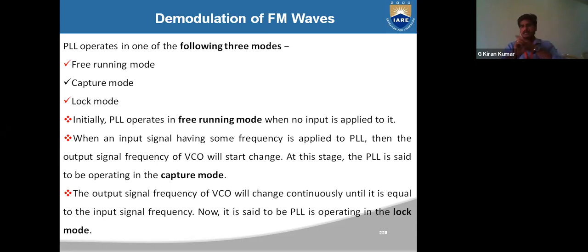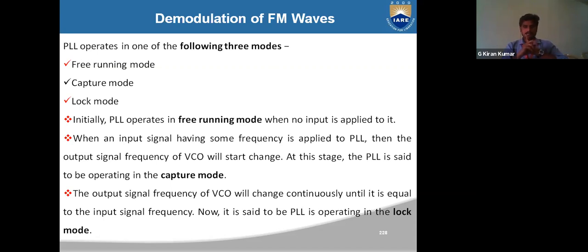So first case, free running mode. Second case, capture mode. In the capture mode, we have a certain amount of input signal and the VCO starts changing the output. And the third one is that the output signal frequency of the VCO changes continuously until it is equal to the input frequency. That is very, very important. When both the frequencies and phases are equal, the phase detection error is 0.